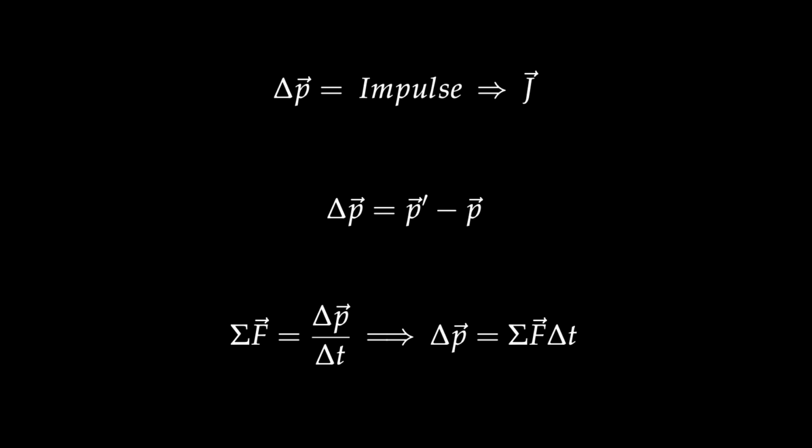Momentum can be negative. A good example would be when a pitcher is pitching a baseball toward the batter. If I choose toward the batter to be the positive direction, then as the baseball comes toward the batter, the baseball has positive momentum. But if the batter then hits the baseball, it changes direction.